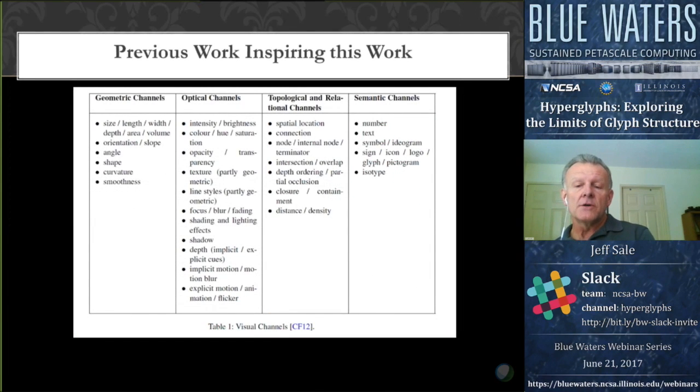The article also includes a nice list of what they refer to as channels for variation of glyph structure. All of these are in the context of visual modifications to a glyph.